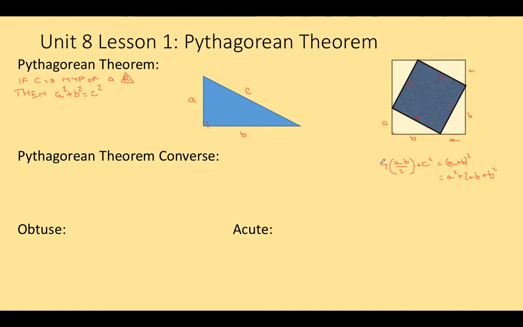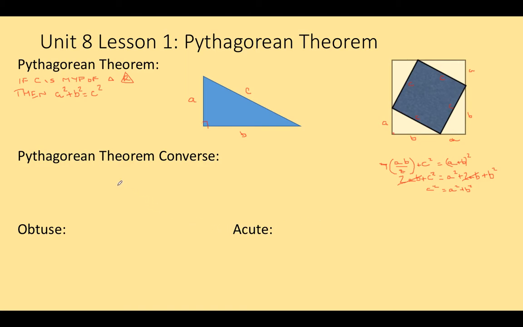And then over here, well, 4 and 2 would reduce down to just be 2ab plus c squared. Well, notice that we've got 2ab, which cancels out this 2ab, and what we have left is c squared equals a squared plus b squared. So this is a pretty easy way to prove the Pythagorean theorem.